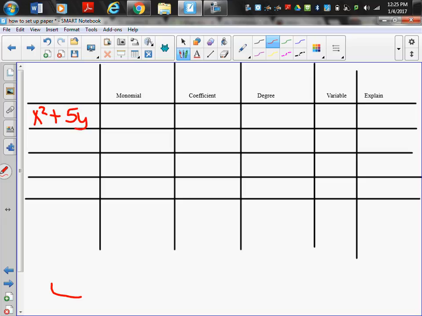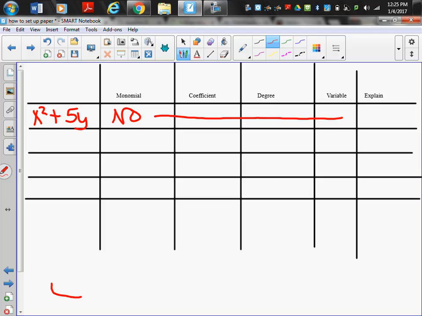It says x squared plus 5y. Is it a monomial? No. You don't just answer those. Explain why it is not a monomial.